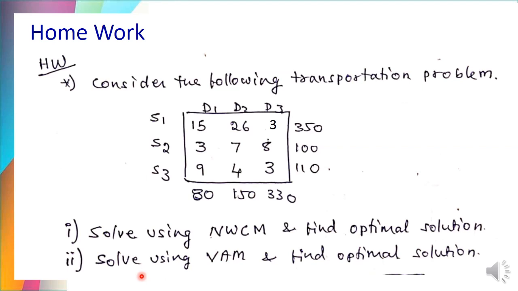The second is to solve the same problem initially using Vogel's approximation method, then go for finding the optimal solution. As a hint, in the first case there will be 4 iterations in the UV method, whereas the second one leaves you with only 1 iteration. So you can understand why Vogel's approximation method is better than the northwest corner rule for getting the initial solution.